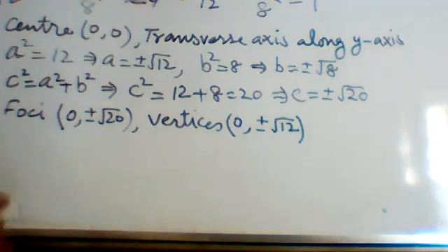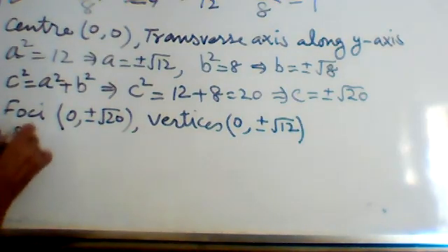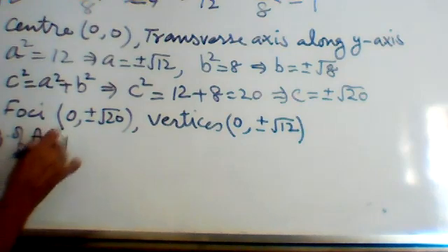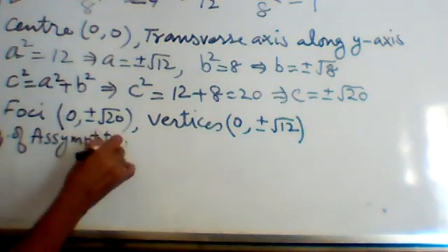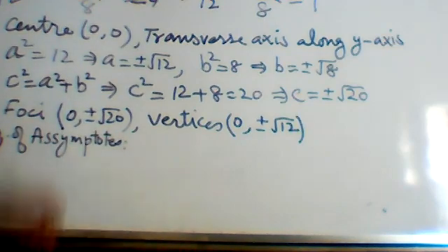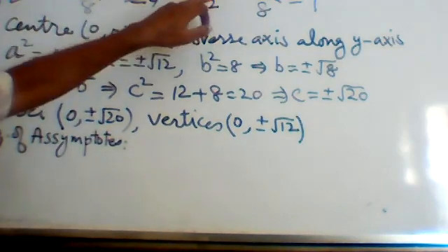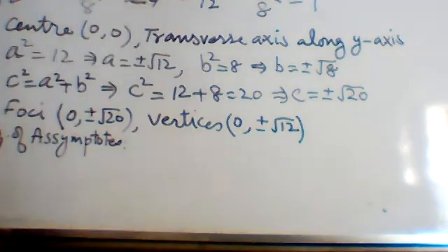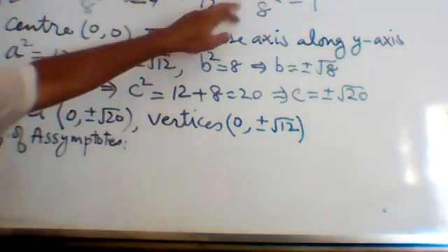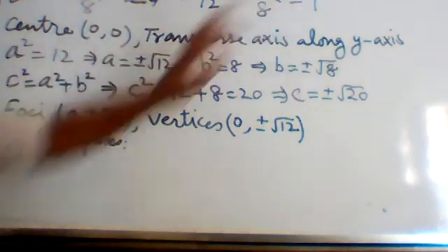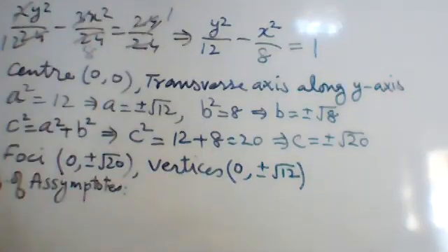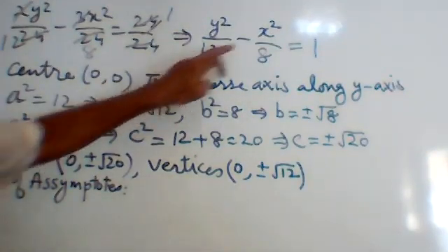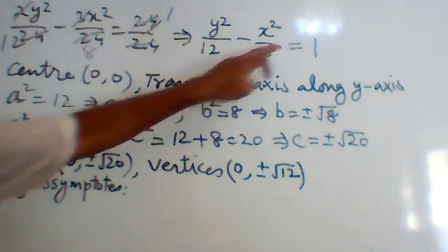Now we'll find the equation of the asymptotes. How to find this equation? The standard equation, y square upon 12 minus x square upon 8 is equal to 1.